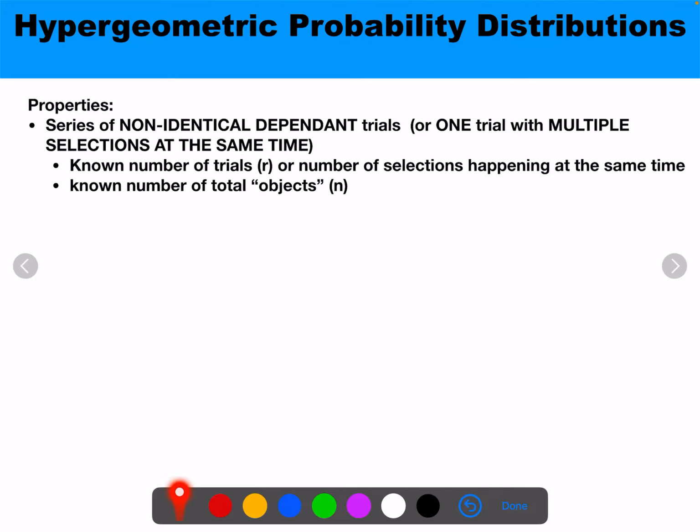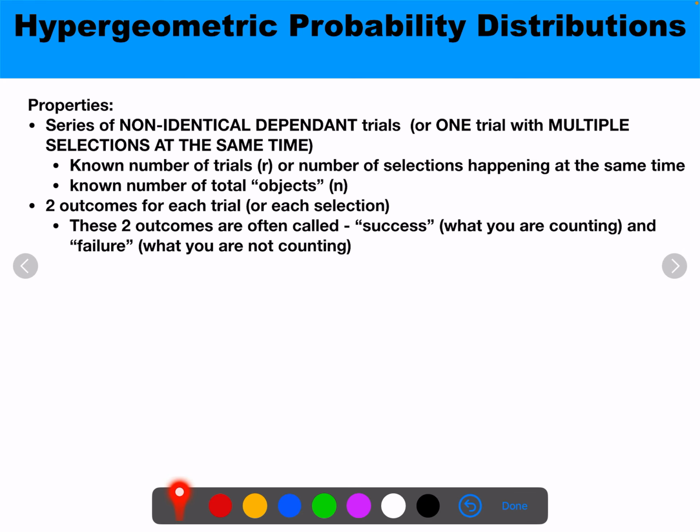You have a known number of total objects. In that last case, we knew how many total marbles there were in the bag, and we knew we were picking 5 marbles. There are 2 outcomes for each one, often labeled as success and failure. Success is what you are counting, so we were counting green marbles. Failure is what you are not really caring about. It's not being specific, it's just the leftover pieces, so that was the not green.